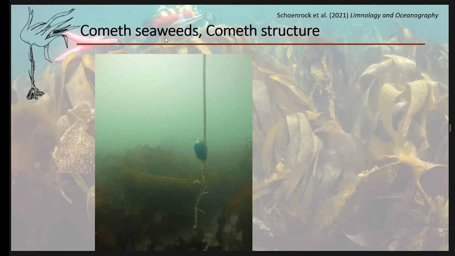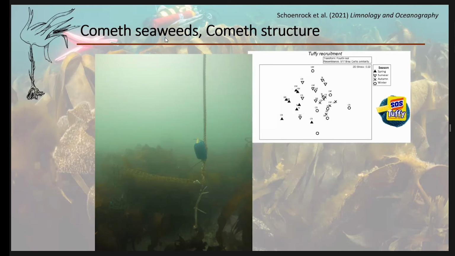But that also could be because there's not a lot of fish with a pelagic life history stage in Europe, or for Ireland specifically. And the invertebrates are not necessarily selectively choosing between either of those habitats. What we see is a lot of seasonal patterns in recruitment within these structures.